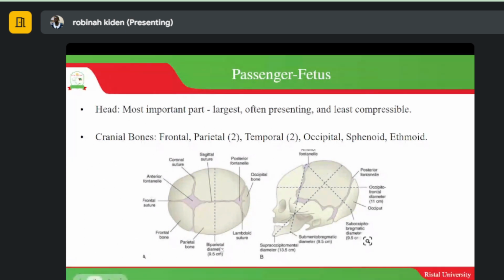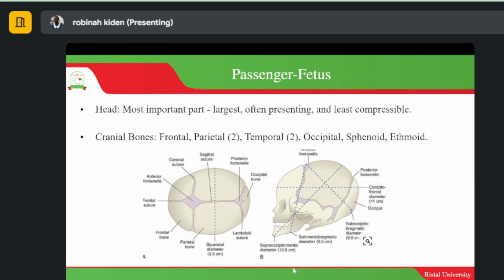We have the biparietal diameter, which measures from one side of the parietal eminence to another side of the parietal eminence. So in between is the parietal diameter, and it measures 9.5 centimeters. Then we have the occipital frontal diameter, which measures from the frontal part of the head up to the occiput.